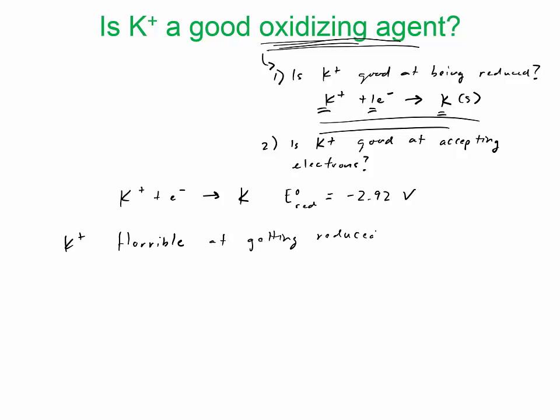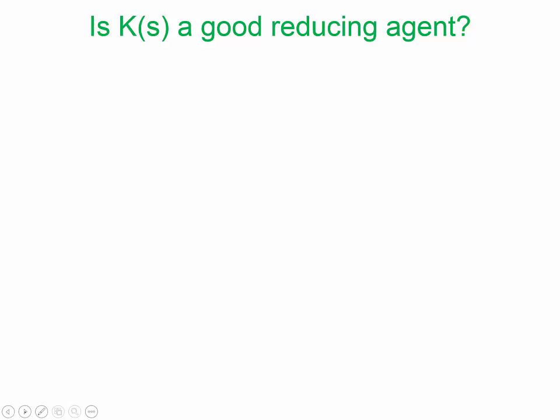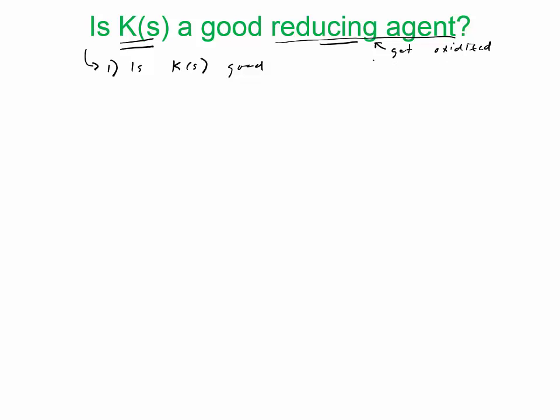The K plus ion is horrible at getting reduced. Now let's take a look at another question, and put it in the solid form. Is solid potassium a good reducing agent? A reducing agent is one that gets oxidized, so we translate that first, and we could think of OIL RIG or LEO. Is it good at losing electrons?